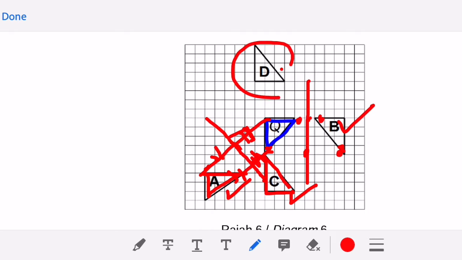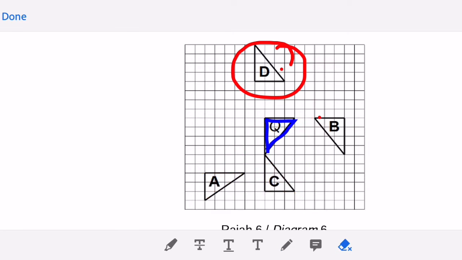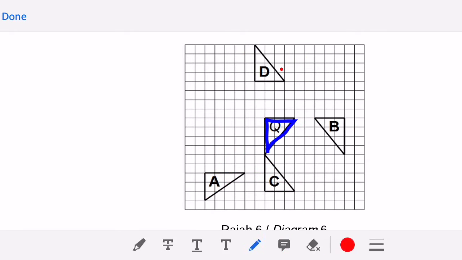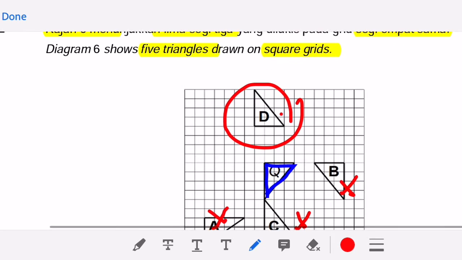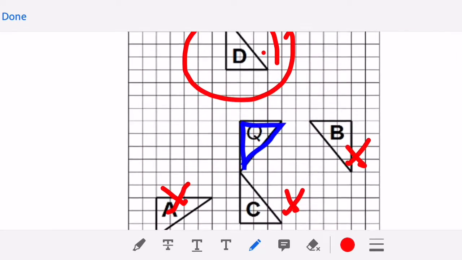So this is the answer, right? We want the answer which is not an image. So all these are not the answer because they are images, and the answer should be D, right? So this is about reflection. Are you clear? In reflection, we always focus on the midpoint.